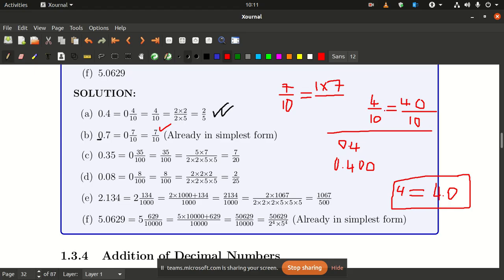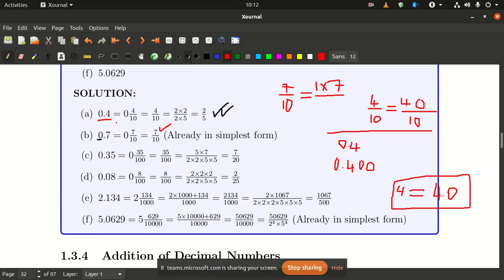Can you notice also that 4 over 10 is the same as 0.4? Please unmute yourselves, all of you, so that we can just get this. I touch it a little bit, and then we move on. Can you realize that 4 is equal to 4.0? Okay. Yes. Can you realize 4 over 10 is the same as 0.4?